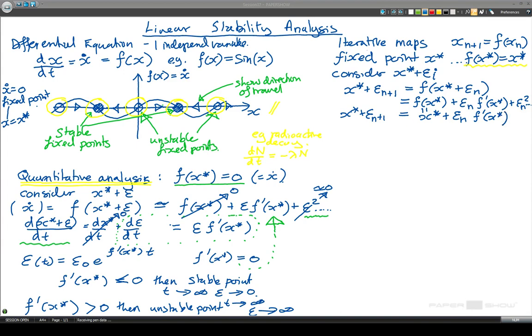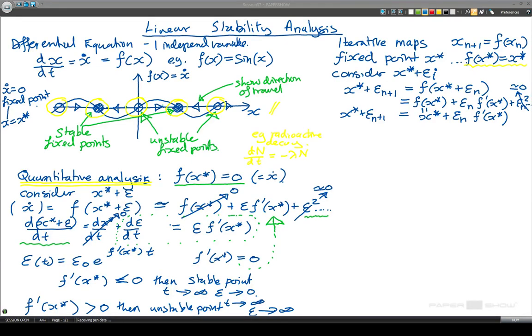And again, the epsilon n squared term is approximately equal to 0 because epsilon is small. So that's all we have.